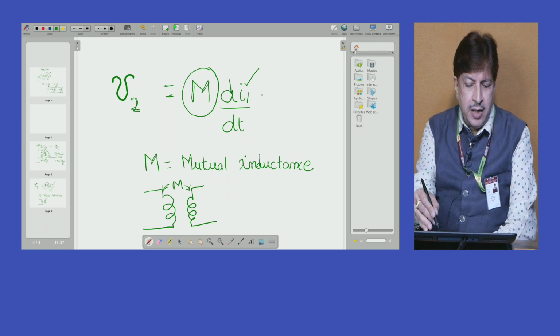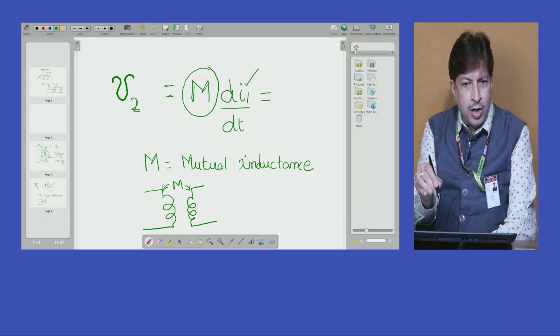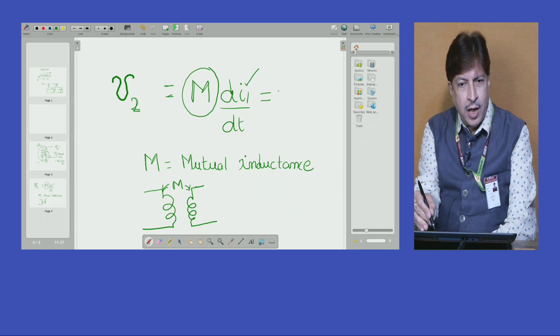Hence, M di1 by dt, as we already discussed, this mutual EMF can also be represented in terms of number of turns.